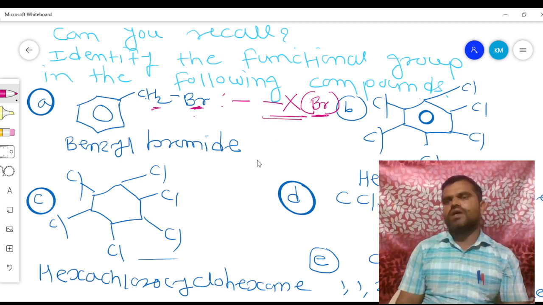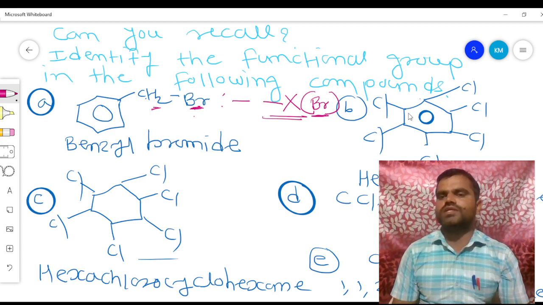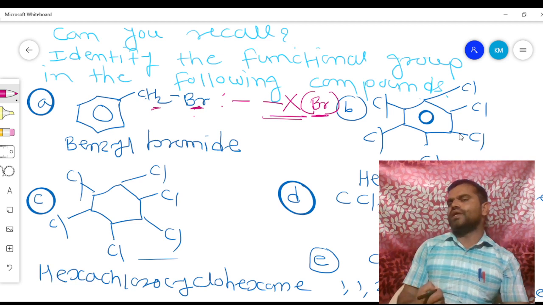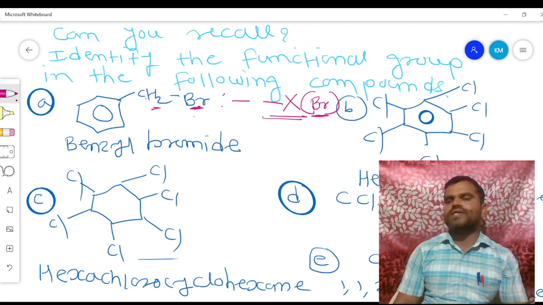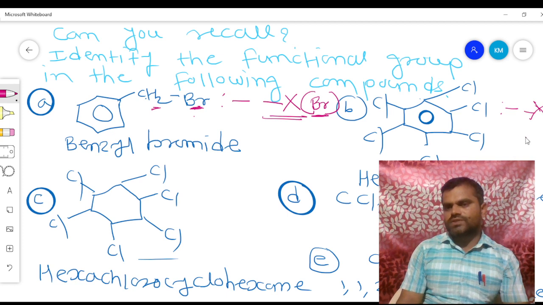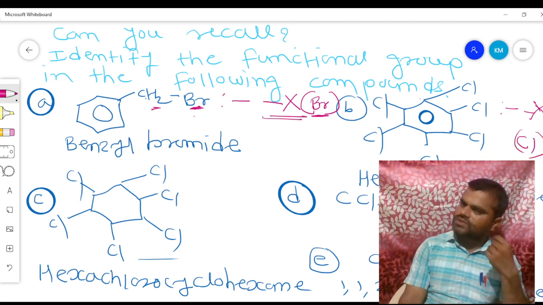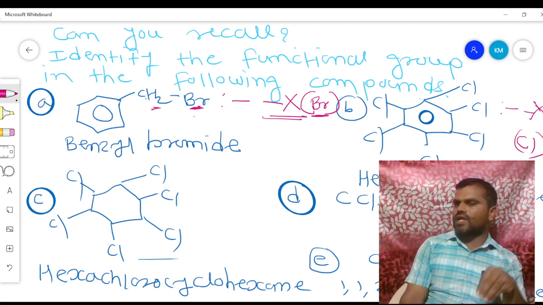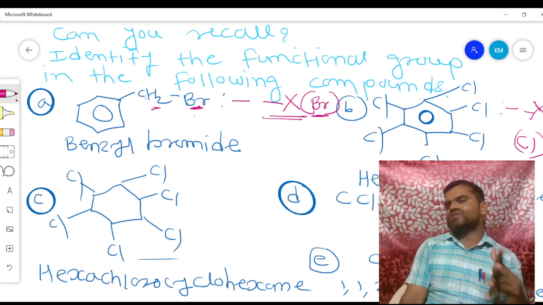Bond X. Then what about hexachlorobenzene? Obviously bond X, because 6 Cl atoms get bonded to each carbon atom of the benzene ring. That's why here the functional group is bond X.